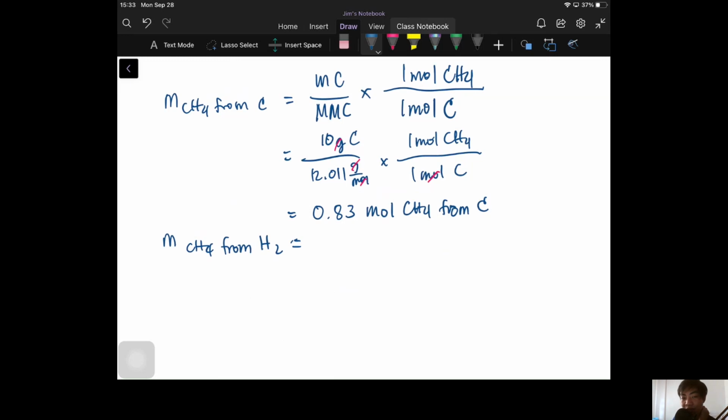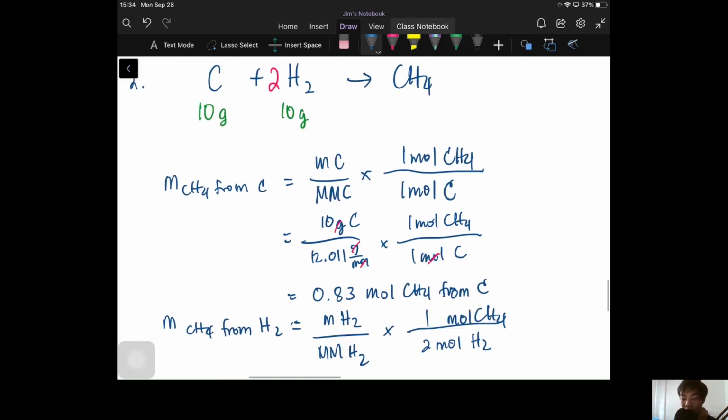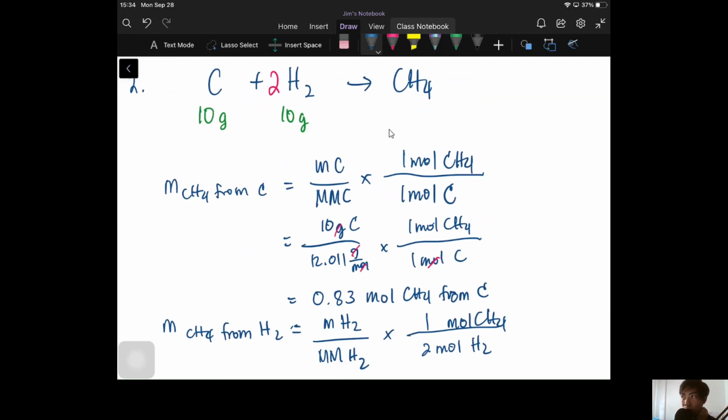So we have the mass of hydrogen gas, which is H2, divided by the molar mass ng hydrogen gas, times yung stoichiometric factor na. We have 2 moles of H2, and that will produce 1 mole of CH4. Okay? So, saan galing yung 2? Nung binalance natin yung equation, I placed a coefficient 2 there, para maging balance.